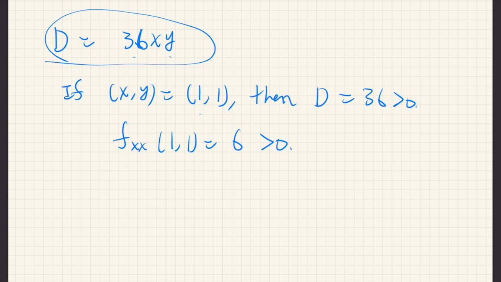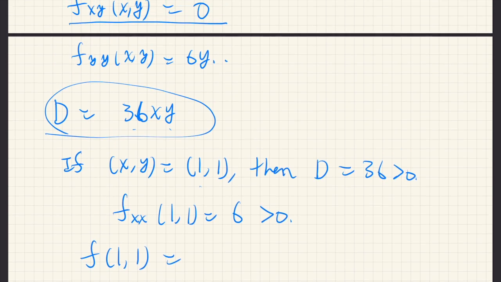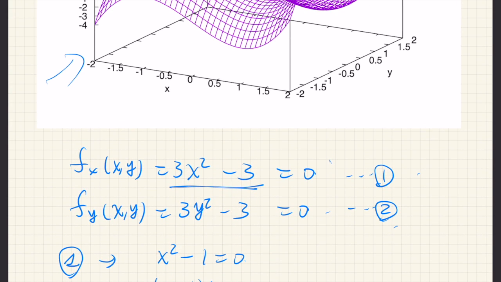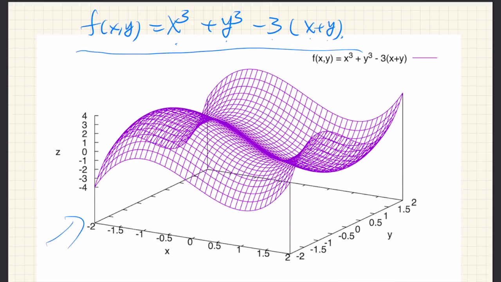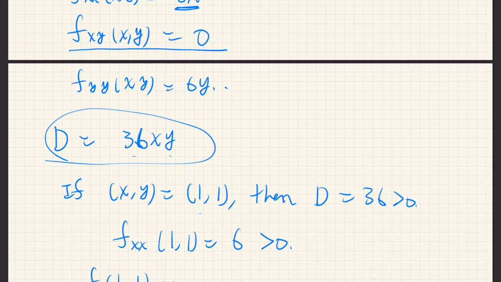So according to the theorem we have just presented, the value of f(1, 1), if we substitute 1 and 1, that's 1 plus 1 is 2, minus 6, that's negative 4.